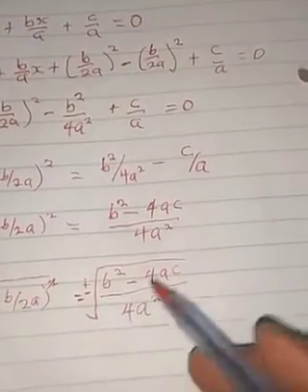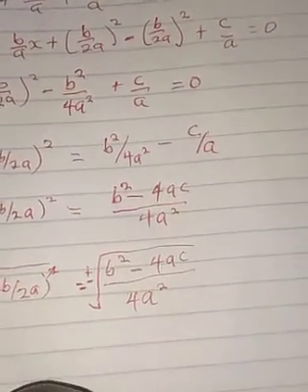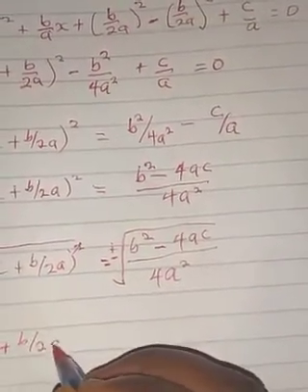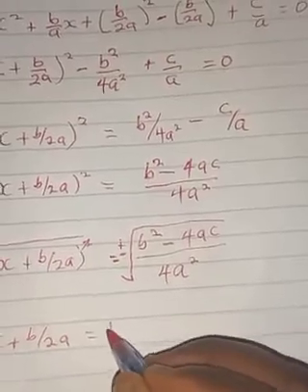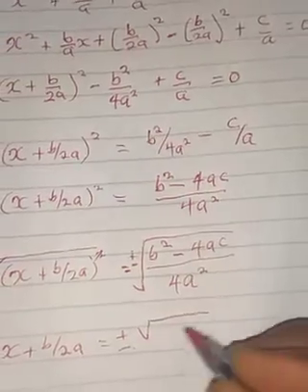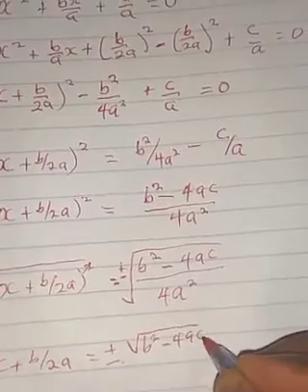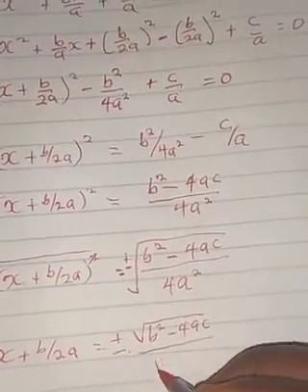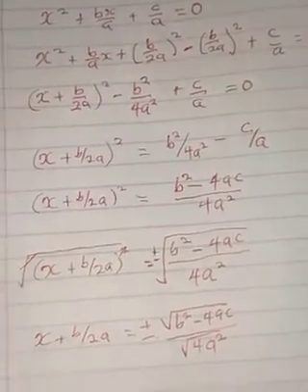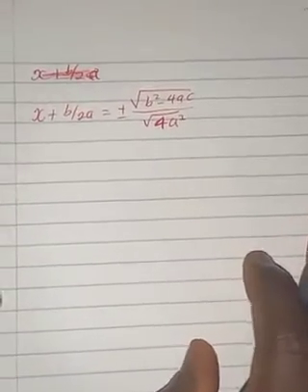And this one too, when we express it, we are going to get x plus b all over 2a is equal to plus or minus, let's say, root of b squared minus 4ac all over root of 4a squared. Now let's continue.